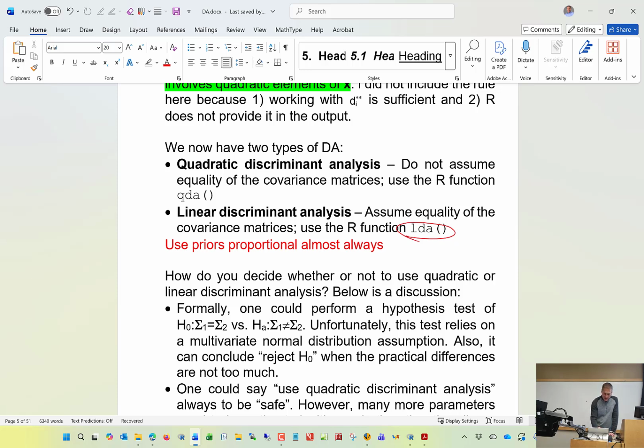To do the quadratic, we're going to use a function called QDA. Almost always, we will use priors proportional to what was actually observed for each group, so we won't even state that prior argument. We'll just go with the default. Now you might be wondering, how do I know which of these methods to use?